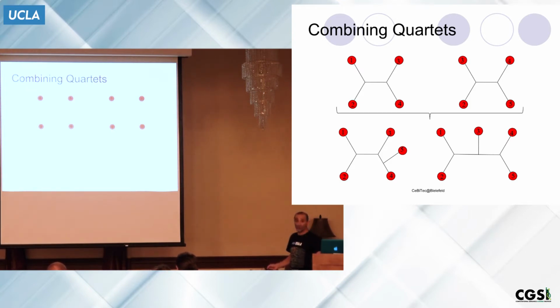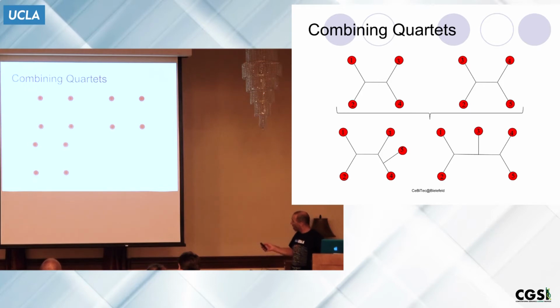So how do we combine quartets? For triplets, you saw a very simple and intuitive algorithm, the Aho algorithm. Let's see with quartets.